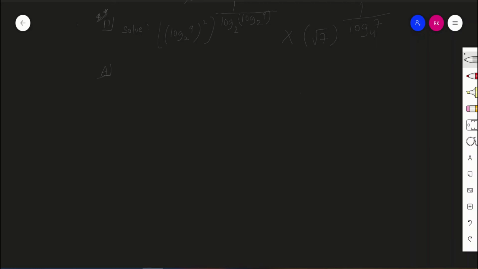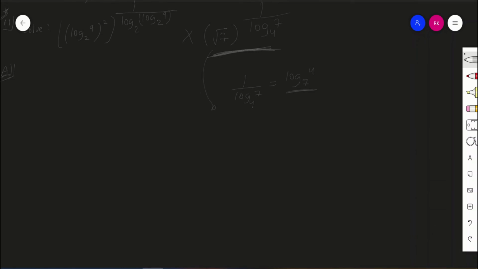It looks a little scary, but trust me, these are very simple questions. So firstly we are going to solve this part. 1 upon log 7 base 4, I can write this as log of 4 base 7. These are going to interchange. Okay, so I can replace this by this here.